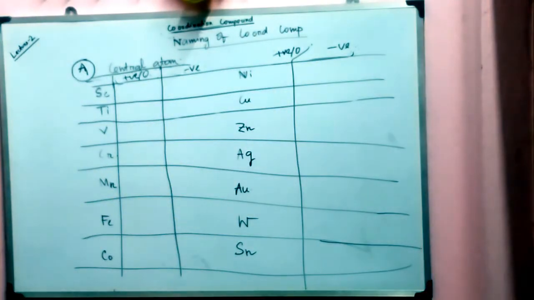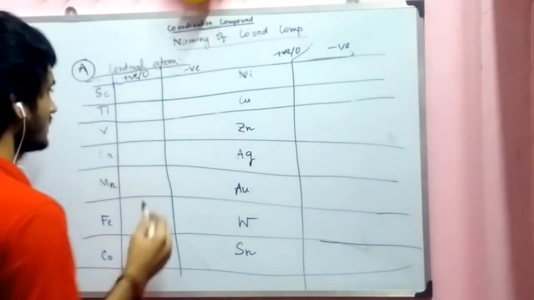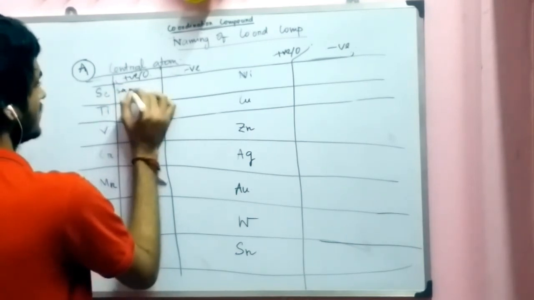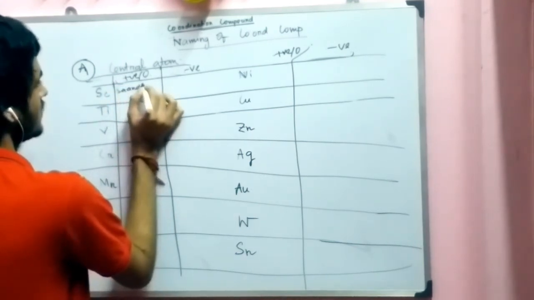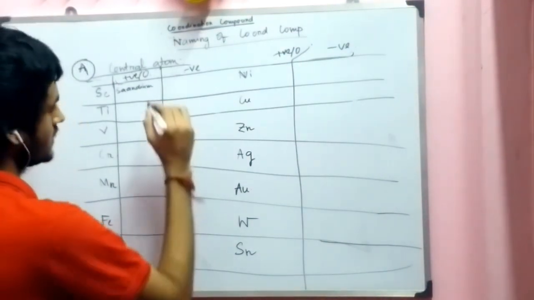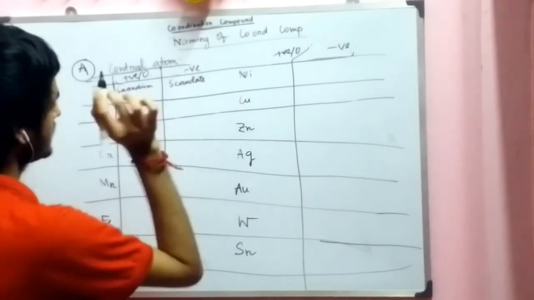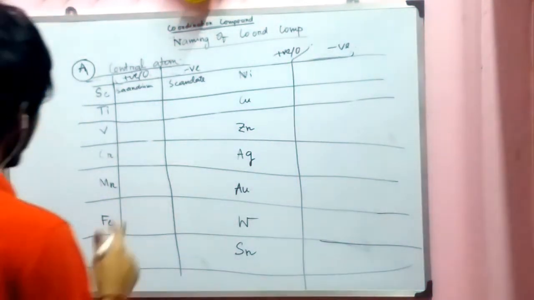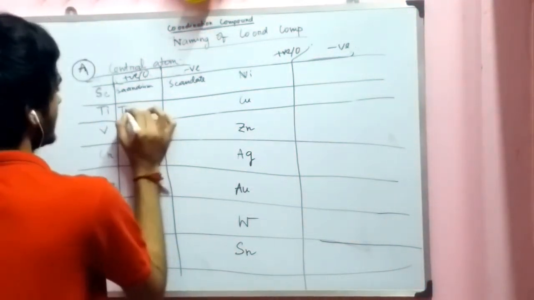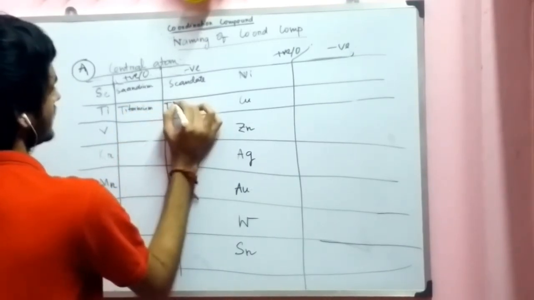So let's name this. This is scandium, positive or 0 in the coordination sphere, so no modification in name. It will be scandium. Negative charge in the coordination sphere, it will be scandate. Titanium, it is titanate.